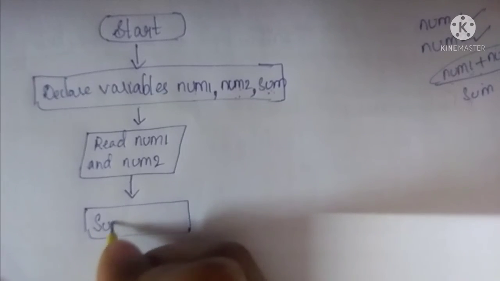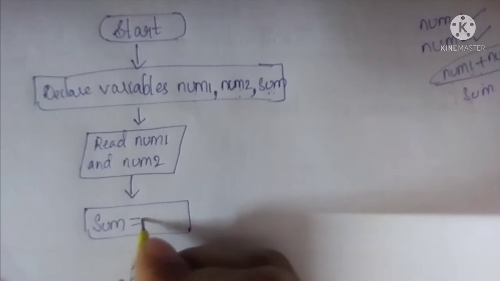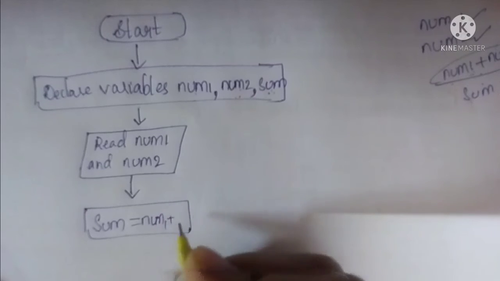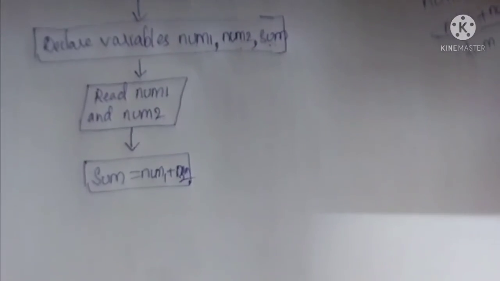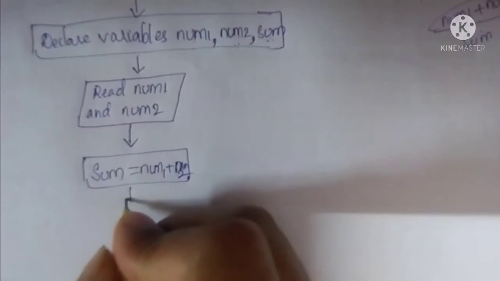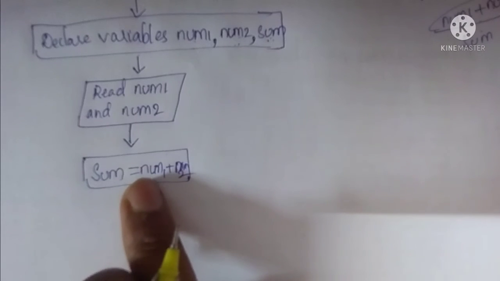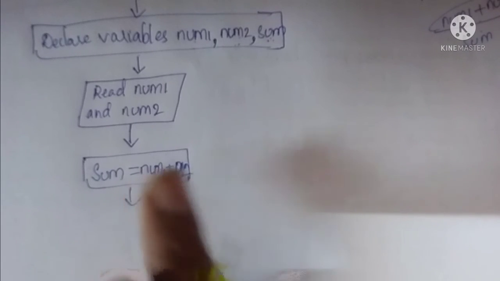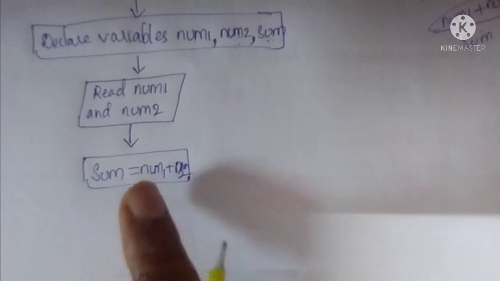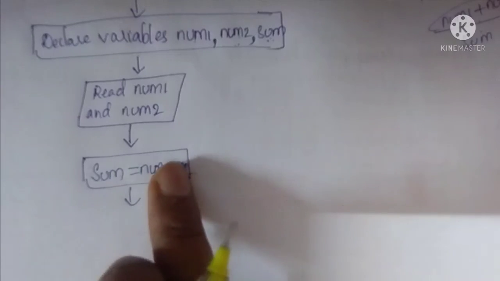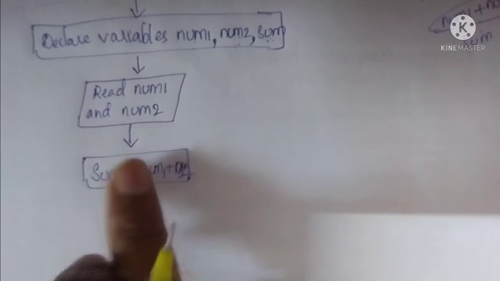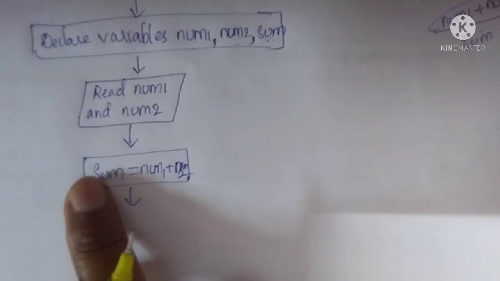To perform the addition, sum equal to num1 plus num2. If you want, you can give the values of number 1 and number 2. After performing this addition, it is going to store that value in the sum variable. Okay.